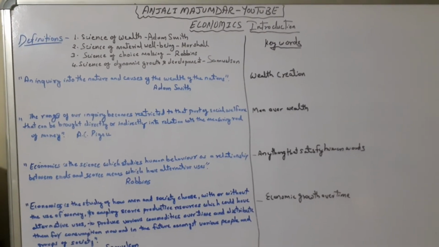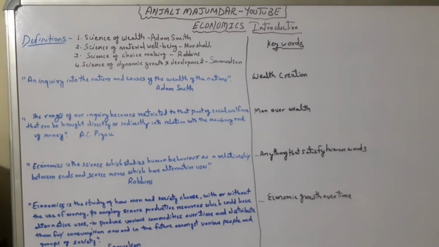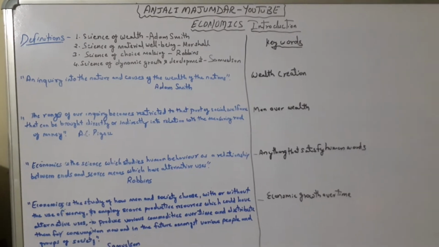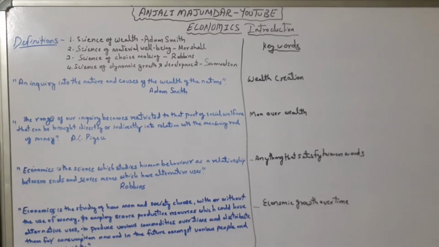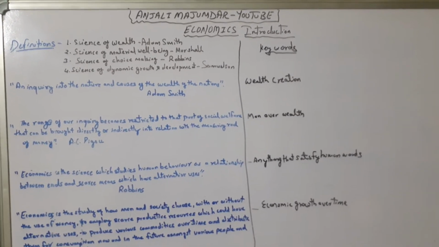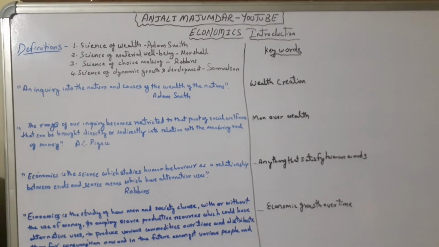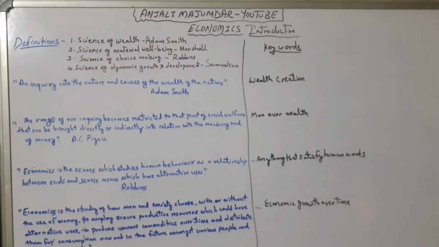An inquiry into the nature and causes of the wealth of nations. So here you need to understand, wealth creation is something which is difficult in every country all across the world. Adam Smith says wealth is everything that should be studied under economics.